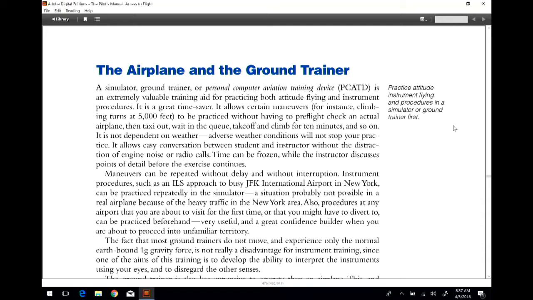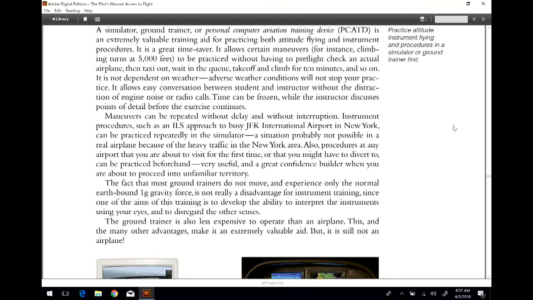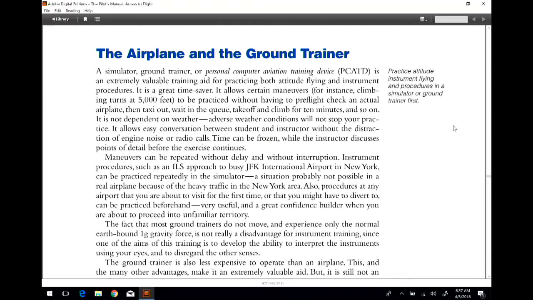The desktop simulators that we have there in the classroom sitting around you are there for entertainment, basically, according to the FAA. You cannot use those desktop simulators to log actual flight time. There's a little reason for that.